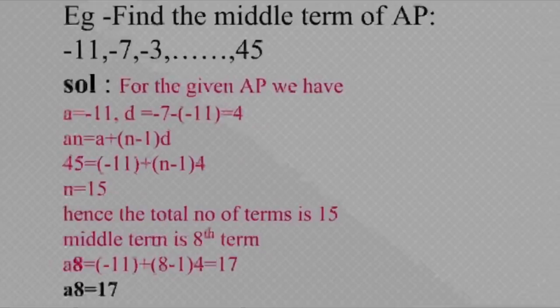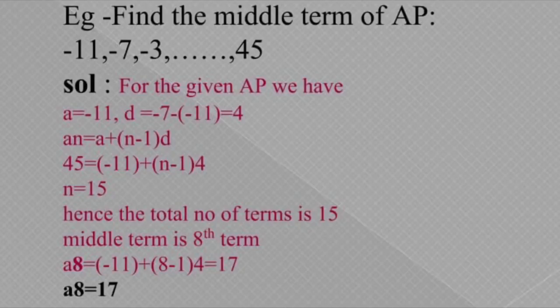So here we are given an. Now the common difference is the difference between any two consecutive terms. So minus 7 minus 11, which is minus 7 plus 11, 4. So the common difference is plus 4. First term is minus 11. Since we are given 45 is the last term, so let us put 45 as an.